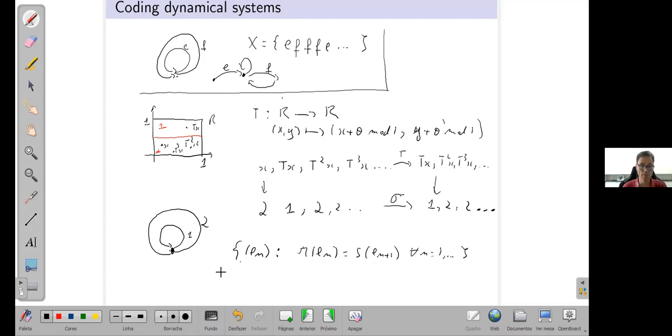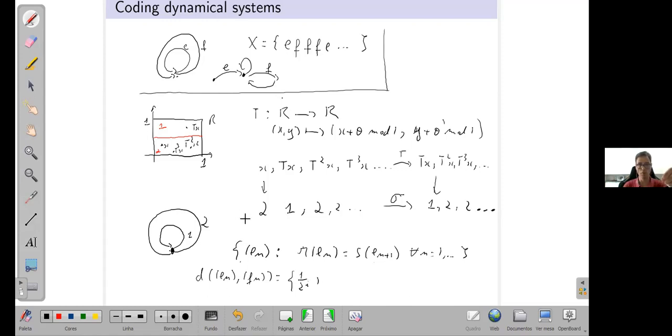And if you want, you can also put a metric here. You just put the discrete topology on the set of edges, and you take the product topology. But if you want, you can define a metric. When you have two infinite sequences, the distance between them is 1/2^i, where i is the first time that they differ.